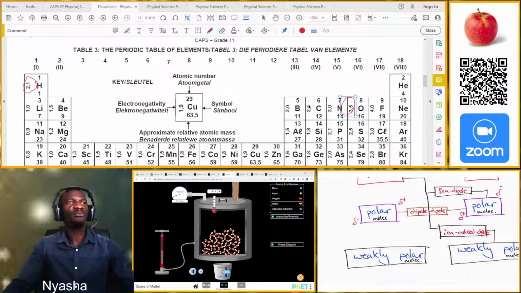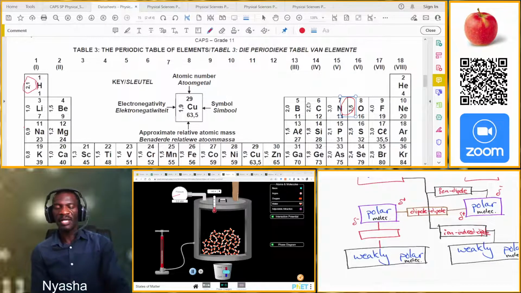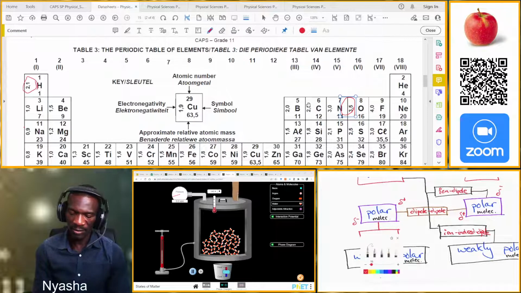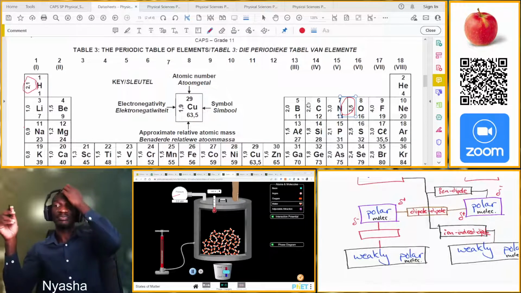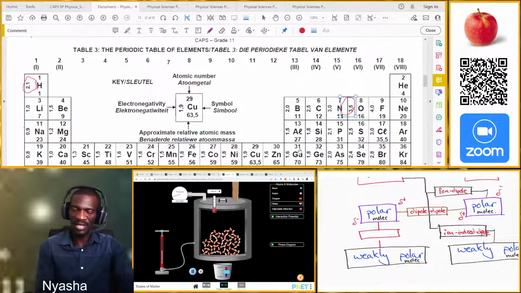Then the next would be what would happen between a polar molecule and a weakly polar molecule. So let's draw it here: a polar molecule and a weakly polar molecule, or a non-polar molecule. What is the interaction? Please pick it up.